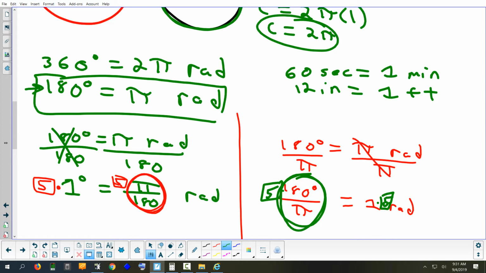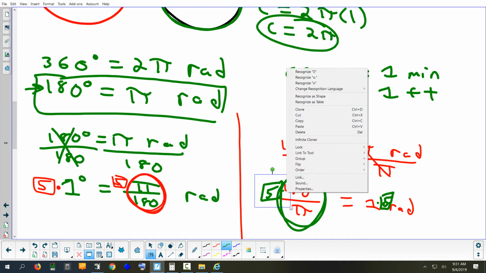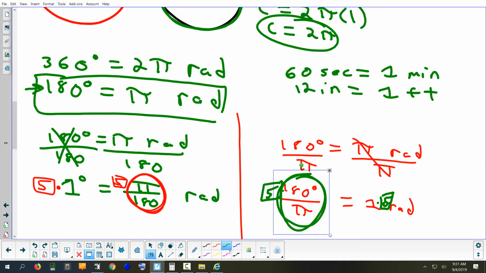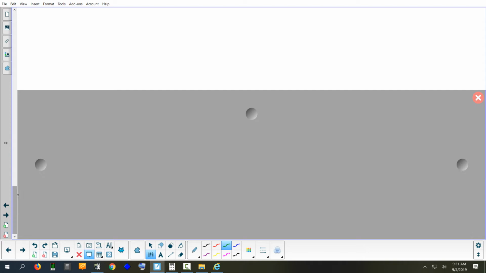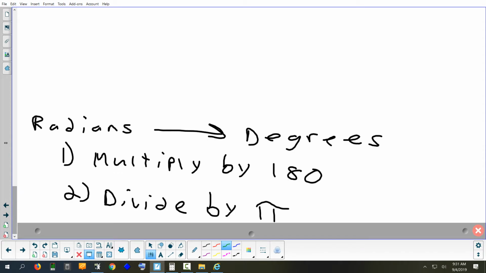Pi over 180, 180 over pi. It's just the opposite. So if you want to convert radians to degrees, the 2 steps are multiply by 180, divide by pi. Multiply by 180, divide by pi. That's radians to degrees.